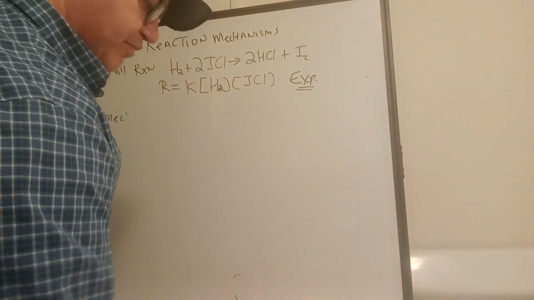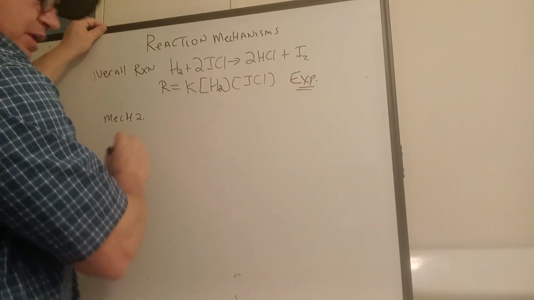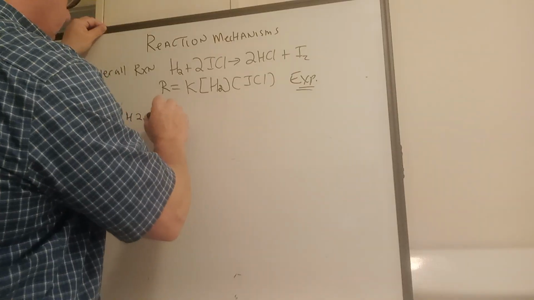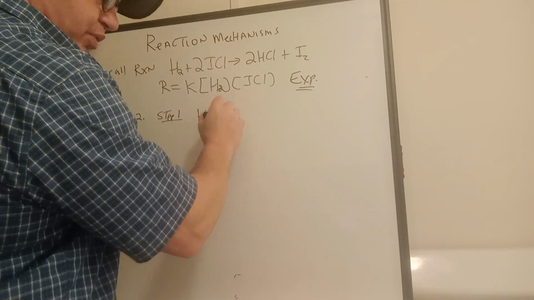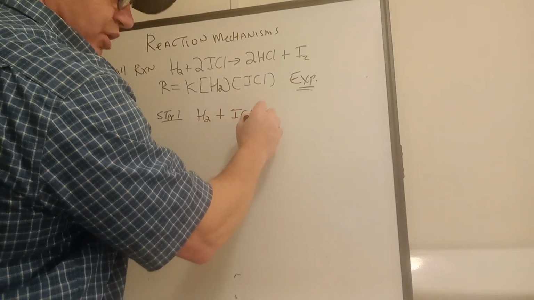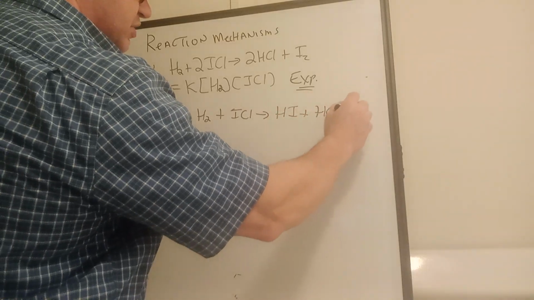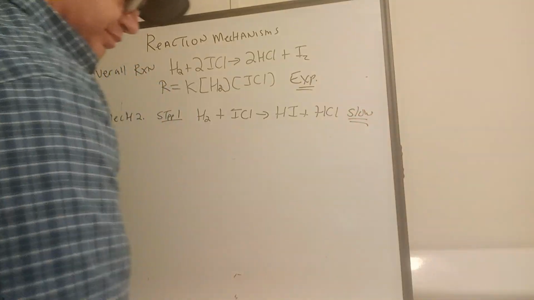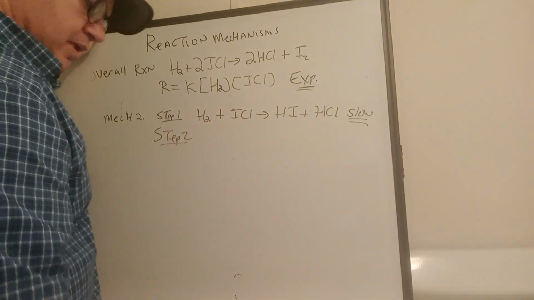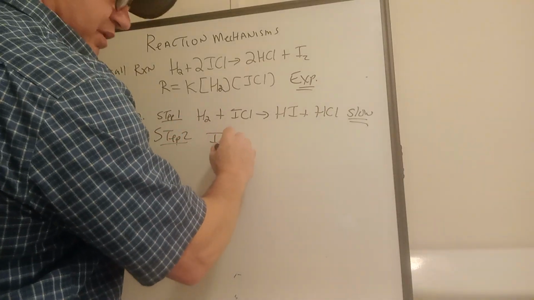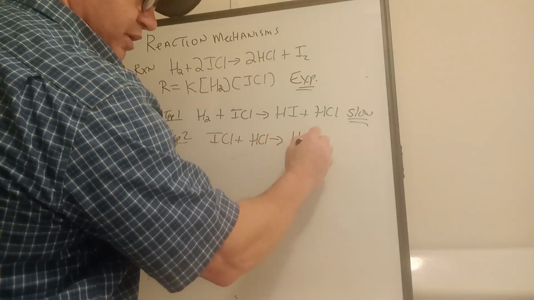So mechanism 2, and again, if you're following along, it's on page 18 going into 19. Mechanism number 2: step 1 is H2 plus ICl going to HI plus HCl, and this is slow. And step 2 is ICl plus HCl going to HI plus Cl2.